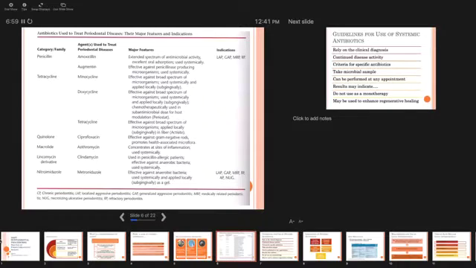Because we know that tetracycline, the minocycline, the doxycycline, the tetracycline can be helpful in treating those specific microbes related to periodontal disease.